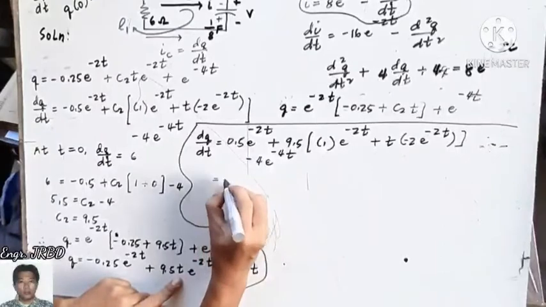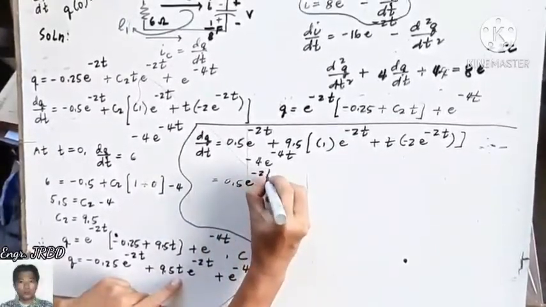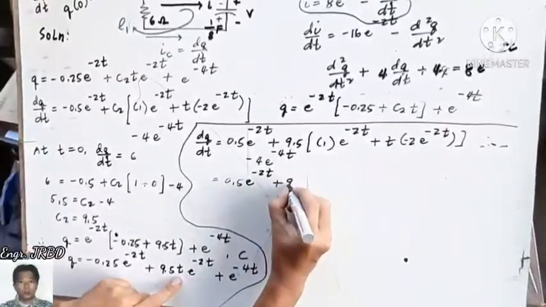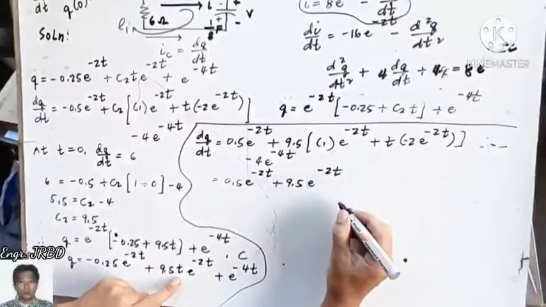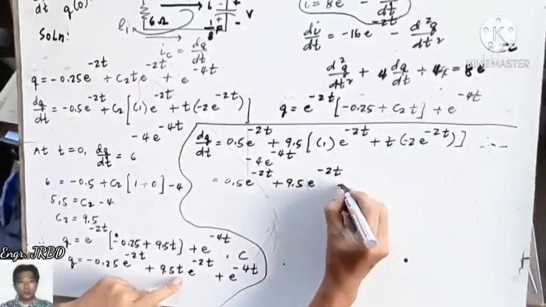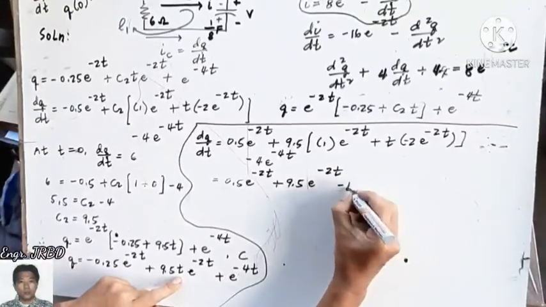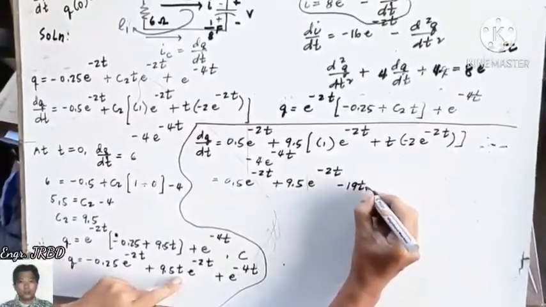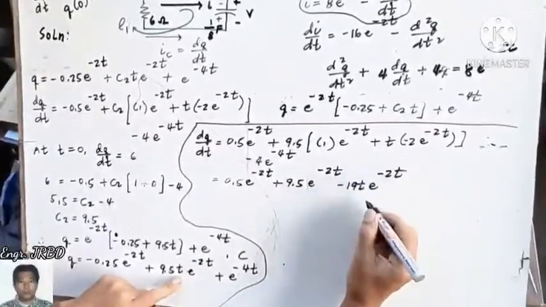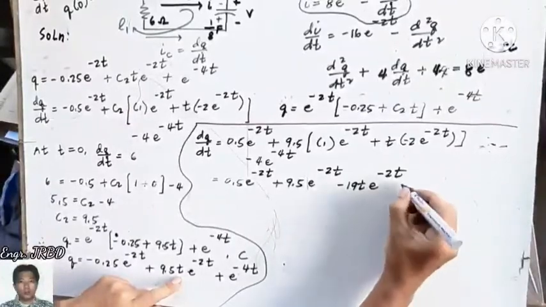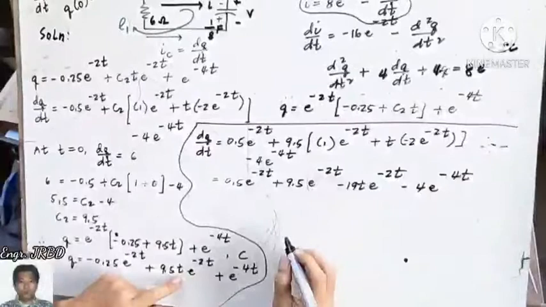Then if we simplify, that is 0.5 e raised to negative 2t plus 9.5 e raised to negative 2t minus 19, correct? 19 times t e raised to negative 2t minus 4 e raised to negative 4t.